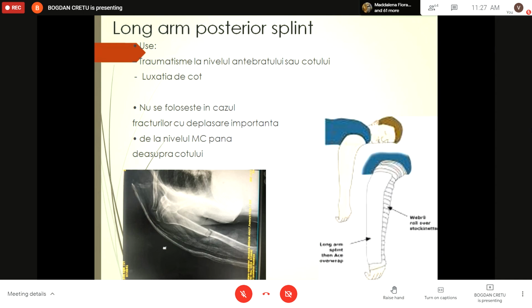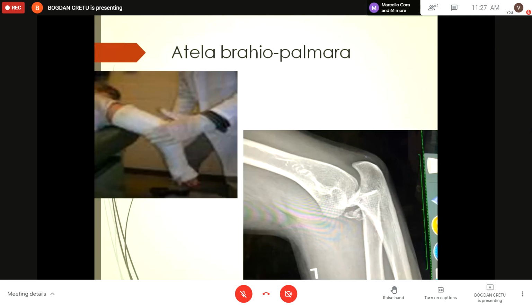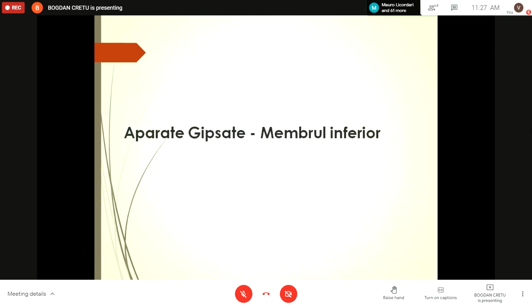Okay, we do not use them in fractures with great displacement. Here is an image of the long arm posterior splint. In the lower right image is an elbow dislocation, also with a fracture, I think, of the head of the radius. Yeah, and after we reduce it, we use this splint for immobilization.